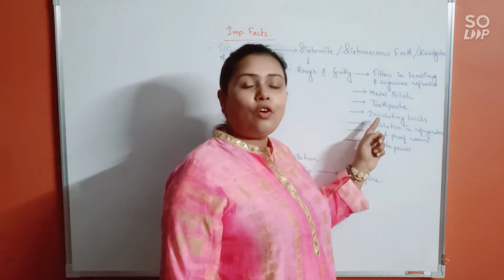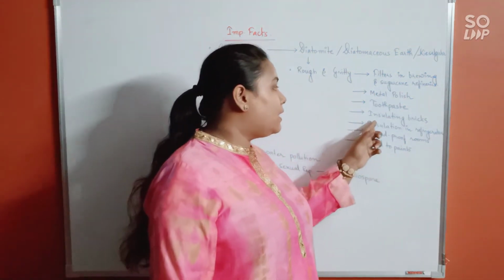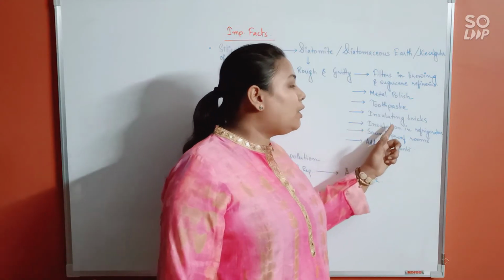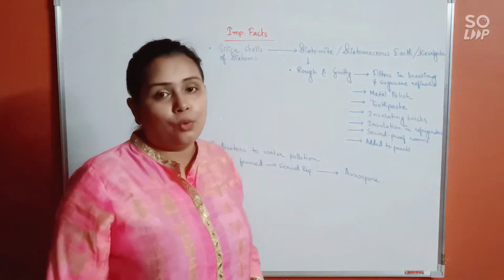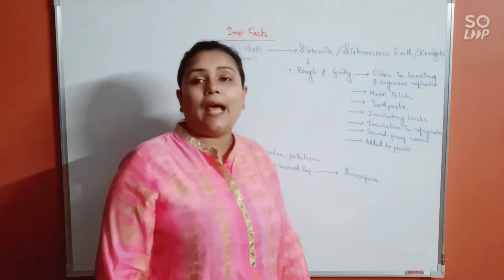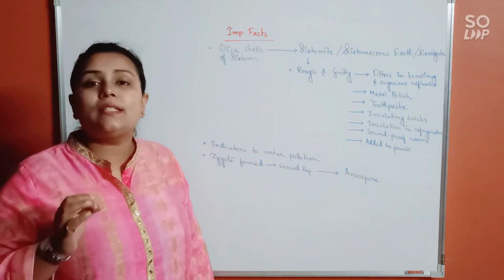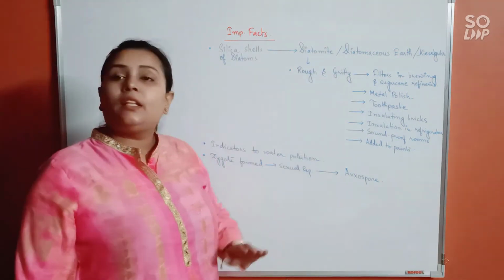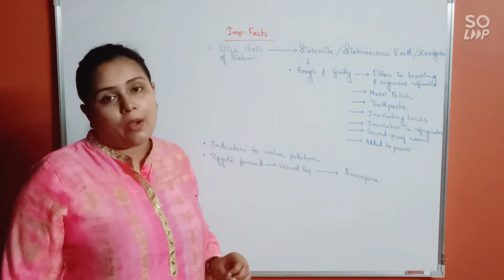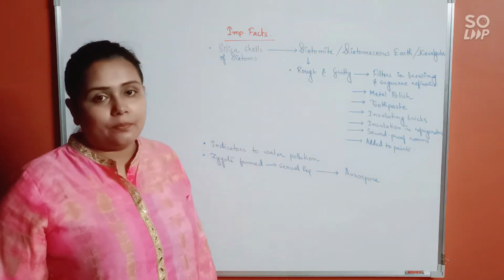Likewise, it is used for insulation purposes, for making insulating bricks or insulation in refrigerators, also to make soundproof rooms, and finally it is added to paints to increase night visibility as well. So many things can be done with diatomite or diatomaceous earth.